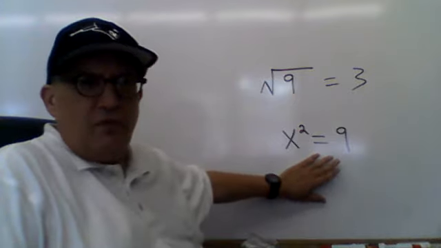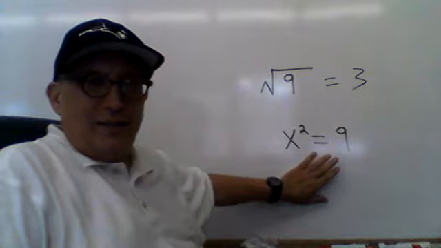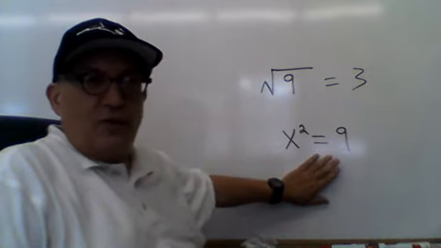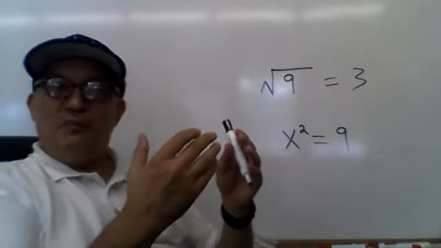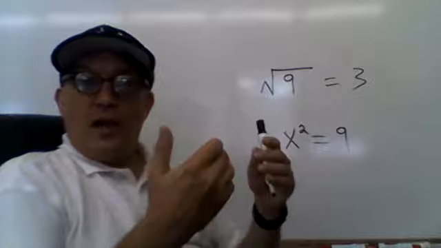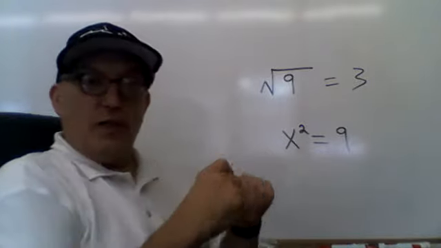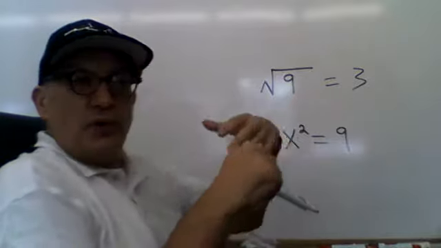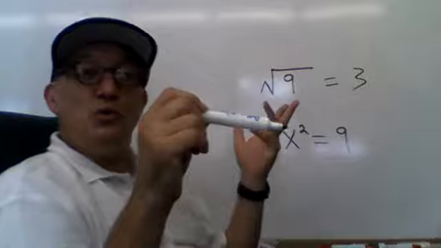And I can't really give partial credit in a case like this, because it's extremely important to realize that this equation has 2 solutions. This is another situation in Algebra 1 where an equation will have more than one solution. We saw that with absolute value, and now we see it here. This exponent of 2 is an indication that there will be 2 solutions.